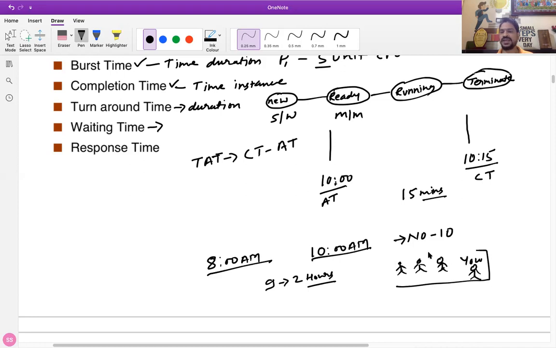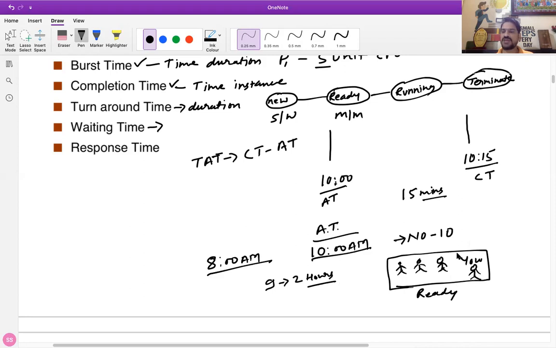That particular waiting queue is nothing but the ready queue or the ready state. Once you came, that time is called arrival time. You came at 10 o'clock and you join them in the ready state. Ready state means ready to get served by the doctor, right?